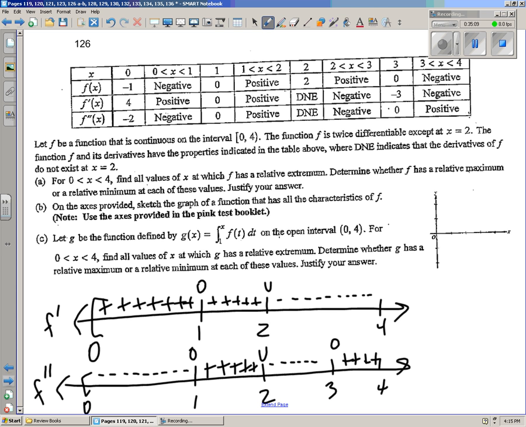Notice they're not including the endpoints. So f is increasing until we get to 1, then decreases until we get to 4. I'm sorry, not 1, 2.